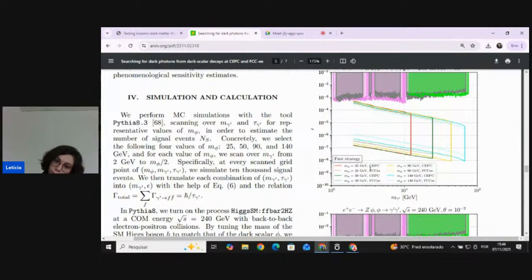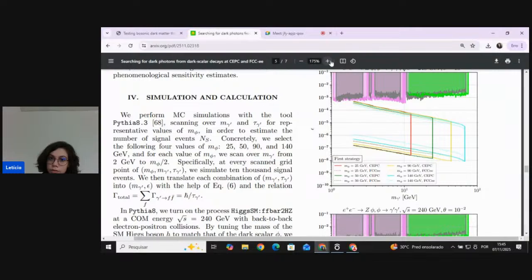And down here, the vertex would be so displaced, it would be too long lived. So it would most probably decay outside of the inner tracker, so we can't detect anything. So the allowed region is just inside these regions here.